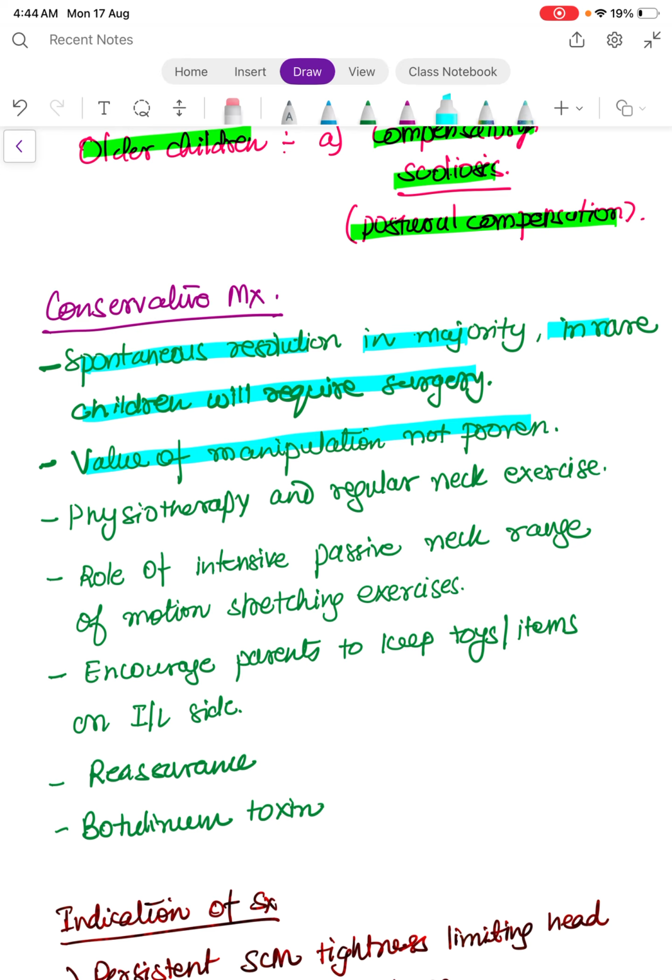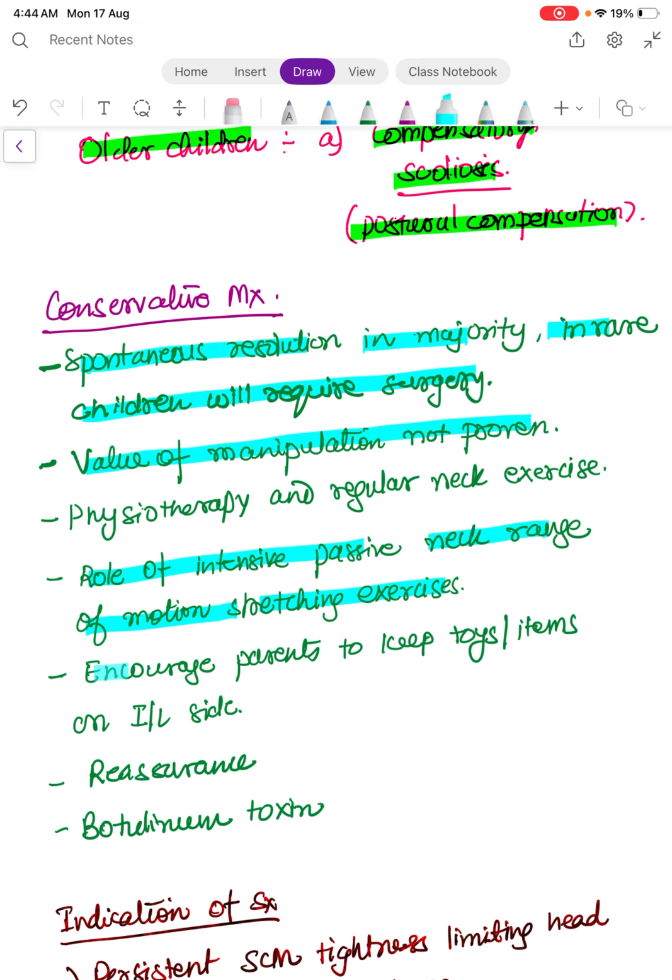Then there is the role of intensive passive neck range of motion stretching exercises. It is debatable whether there is a role or not, and there is equivalent evidence.